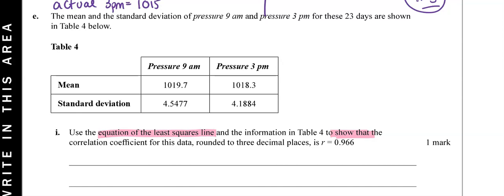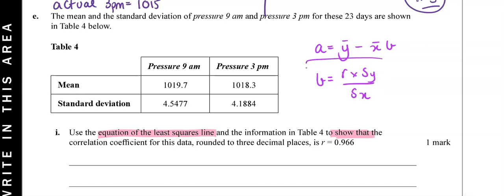So key thing to remember here is that we have one equation, which is our y-intercept, and we have another equation, which is our gradient. And so in this case, we're going to use our equation for the gradient because it contains the standard deviations and the R value, the correlation coefficient.